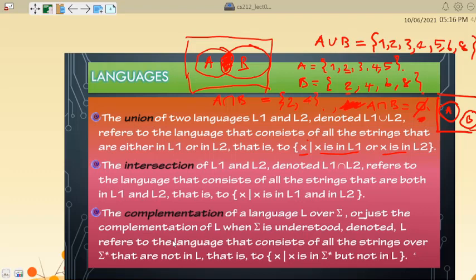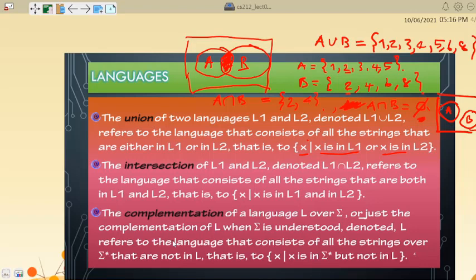Okay. Then another operator is complementation. If we say complementation, it means that if we have a set A, then the complement of A is all the elements that are not in A here.